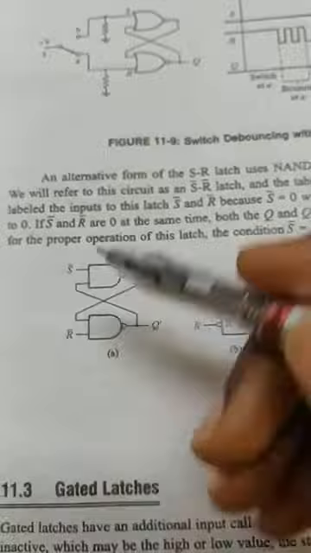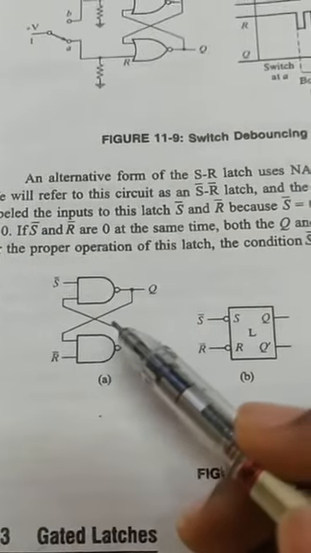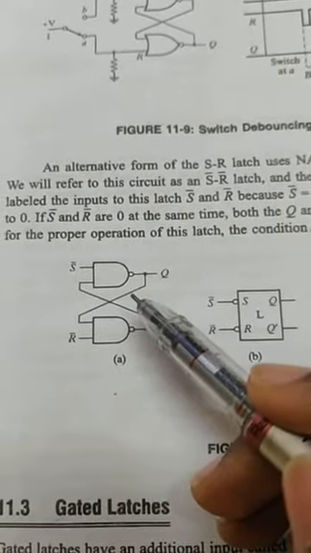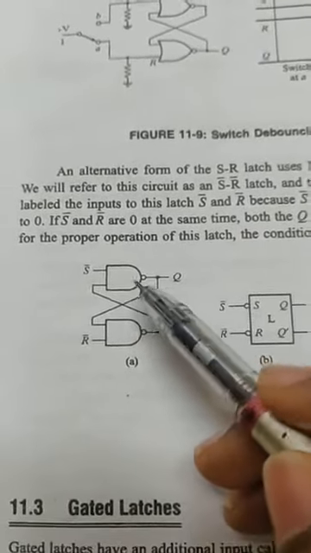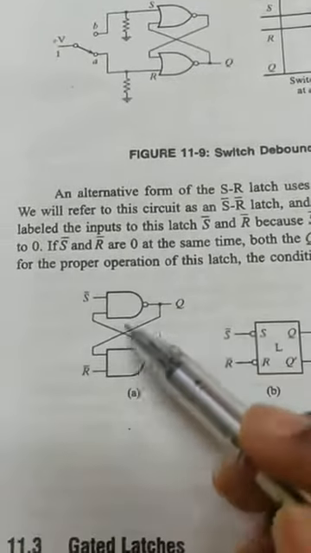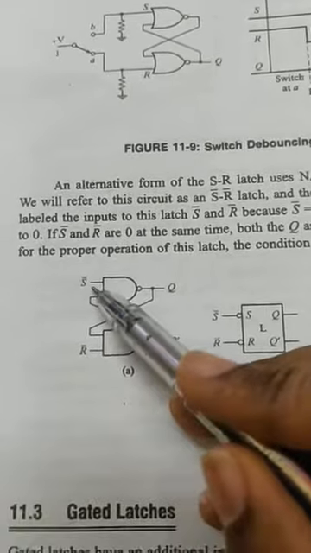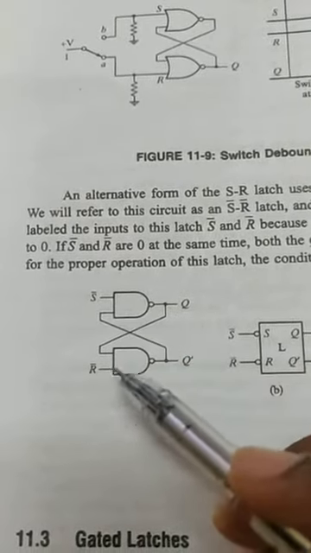Because from here onwards we are using this circuit for the further explanation, you need to know why this circuit has been written and how it has been written. There they were using NOR gate, here they have used NAND gate. So rather than writing S and R, we have written S bar and R bar.